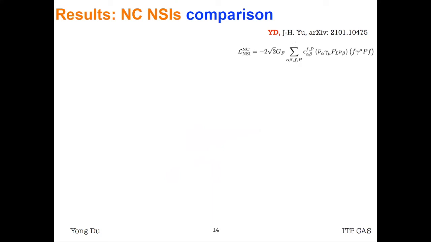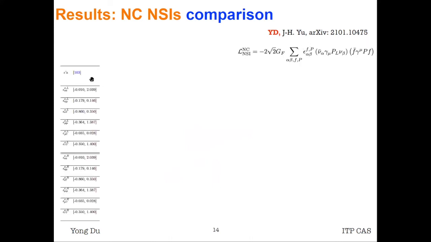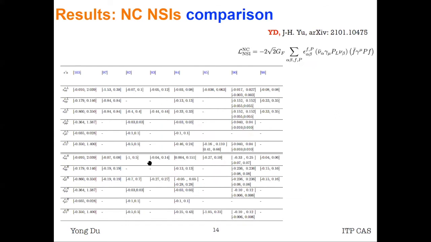After doing the conversion, we list the constraints on these parameters in this table, where this column stands for a global analysis of existing neutrino oscillation data plus the COHERENT experimental data, and those intermediate columns correspond to the constraints from previous collider experiments.